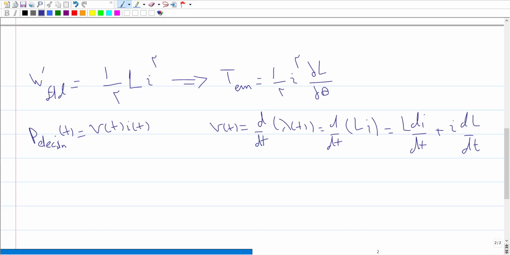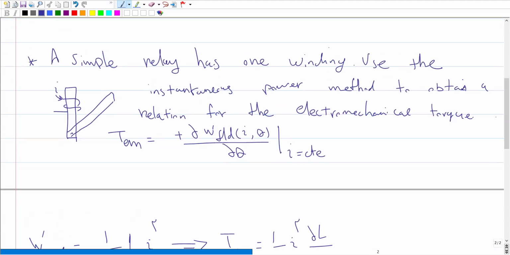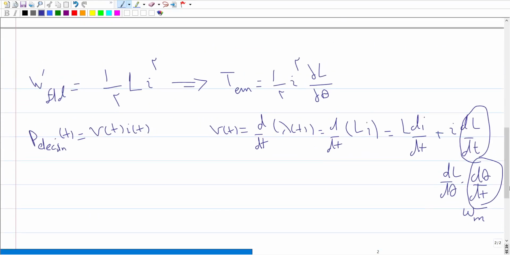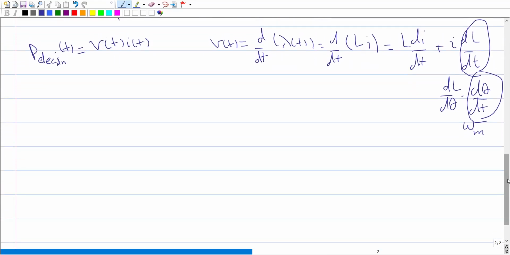Of course, if this is a matrix, you cannot interchange the orders, but here we are dealing with scalars. And i dL/dt, dL/dt is dL/dθ times dθ/dt, and you know that dθ/dt is omega_m. Here we are not dealing with a machine which can have more than one pole pair, so omega_m and omega mechanical are identical, so we do not confuse.